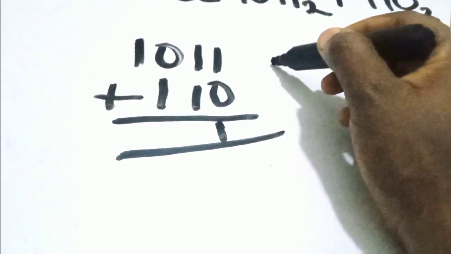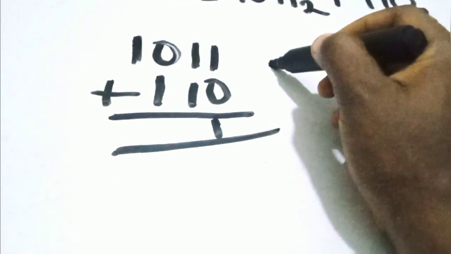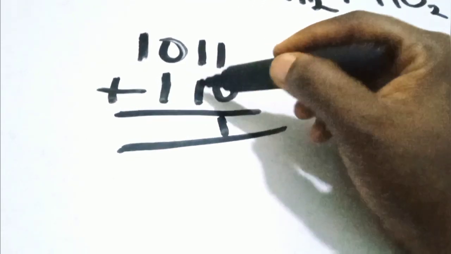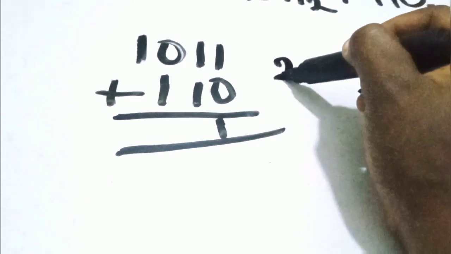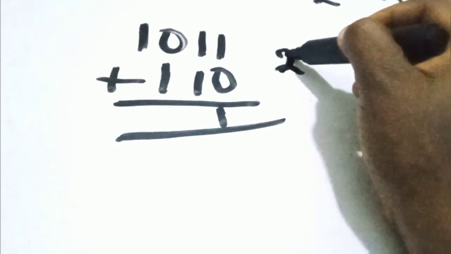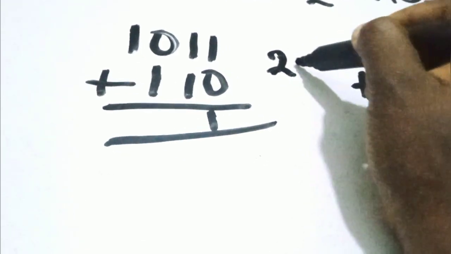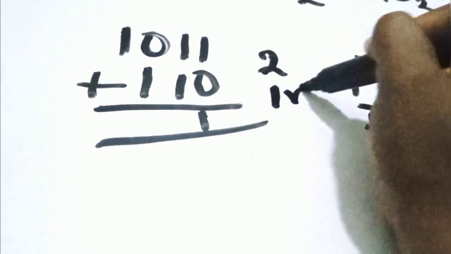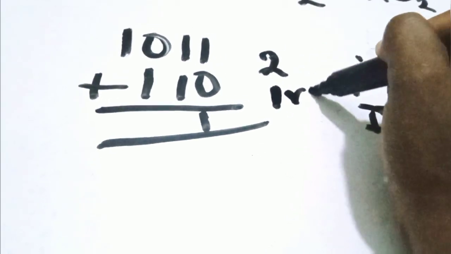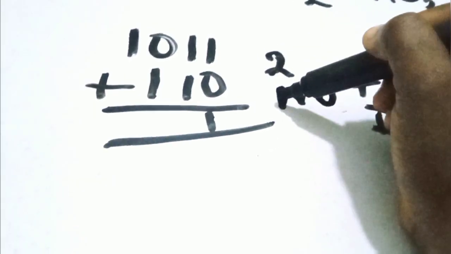Since it has reached the base, now you can say 2 divided by 2. That will give you 1 remainder 0.